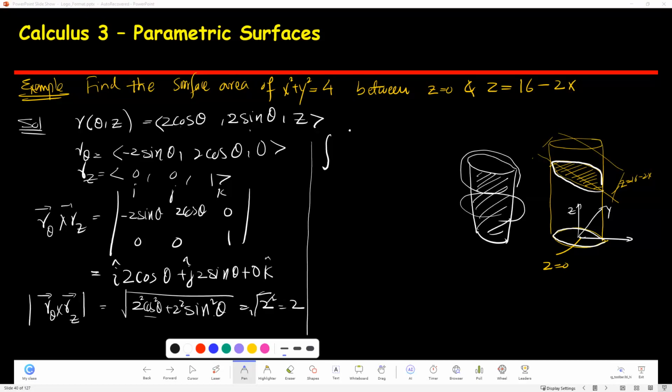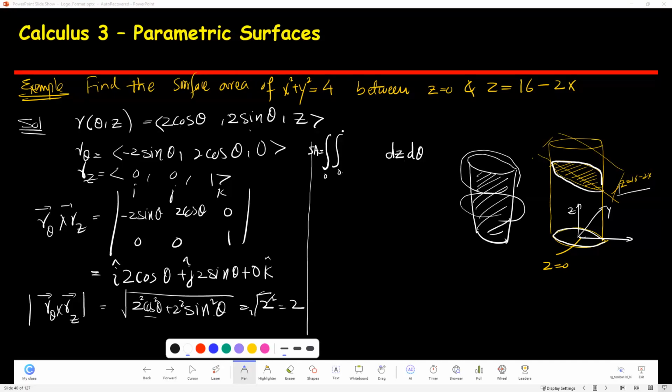Surface area, S is a shortcut for surface area, equals the integral, both starting with 0, of dz d theta. Z starts from 0 and goes up to this plane.